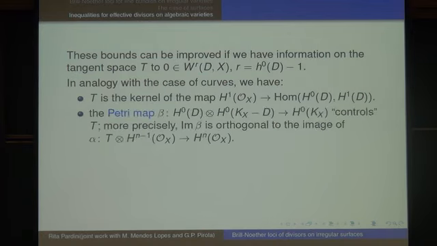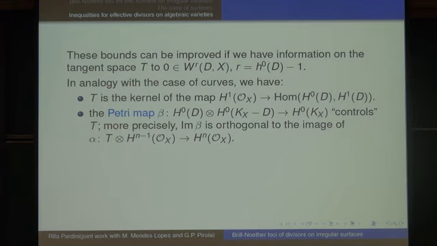Again, we have the tangent space given by the same map as before. Again, we have a Petri map, which is defined exactly in the same way as before, but because dimensions are higher, we cannot say that the image of beta is orthogonal to the tangent space, but it is orthogonal to this subspace that is related to the tangent space.